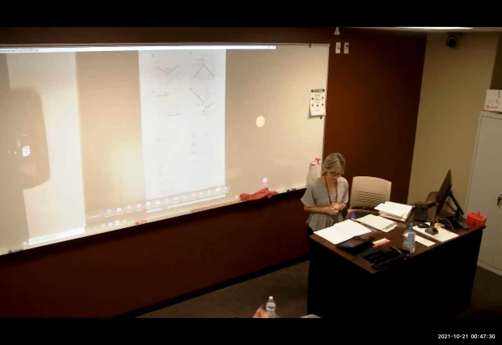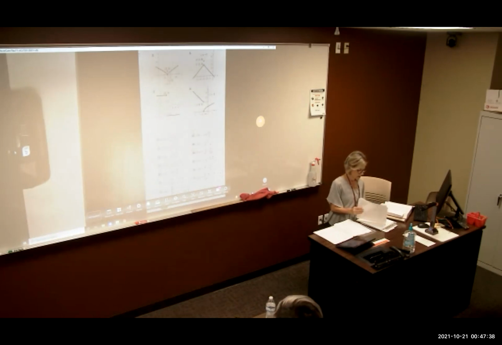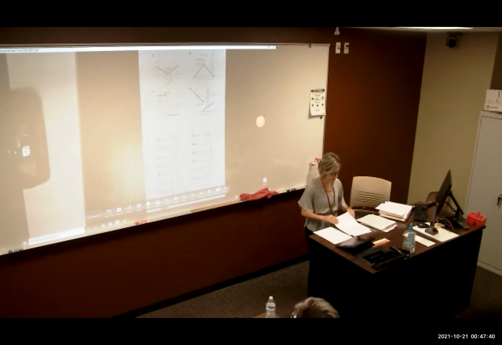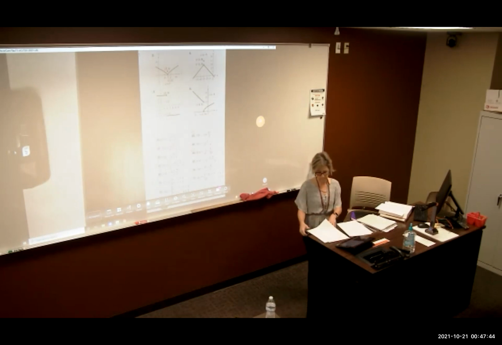What I want to know is, on 41 through 49, those that are circled right there, I want you to determine, how did I state it in the notes? Find the values of x that would make this not continuous.